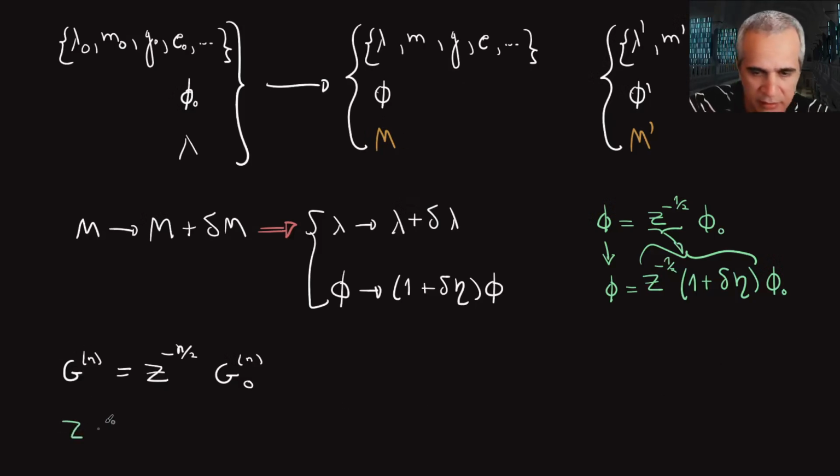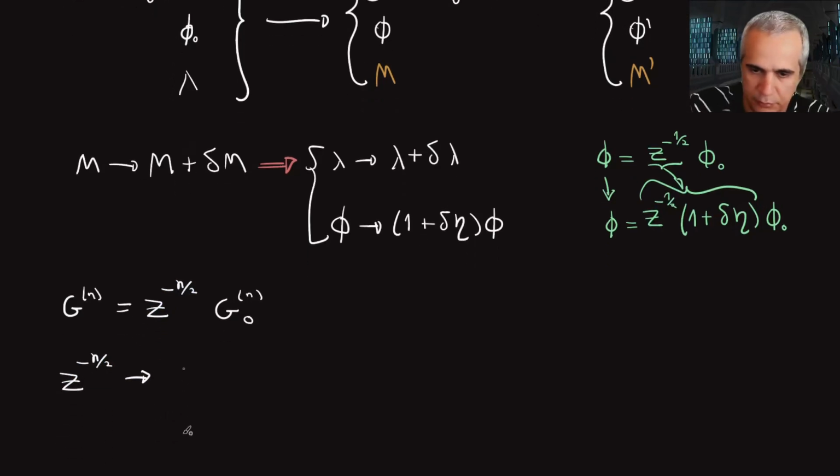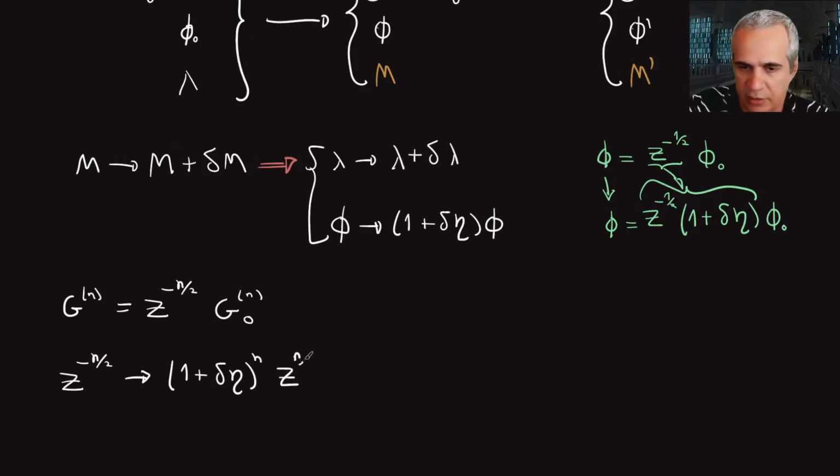That means that Z to the power minus n over 2 will go to (1 plus delta eta) to the power n. I'm just taking this relation and raising it to the power n, Z to the n over 2 minus n over 2.